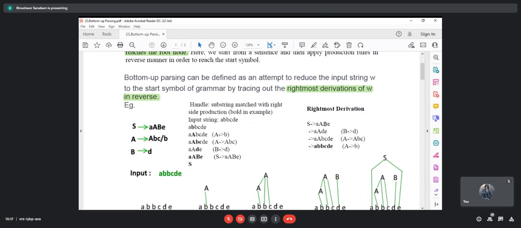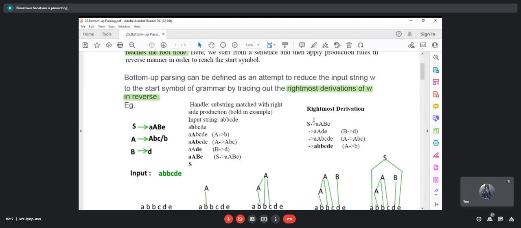Here the rightmost, that is B, has been changed to D, and then the next rightmost is A, so A has been changed to this using this production, and then we have again A. Only with these three steps we got our input string.